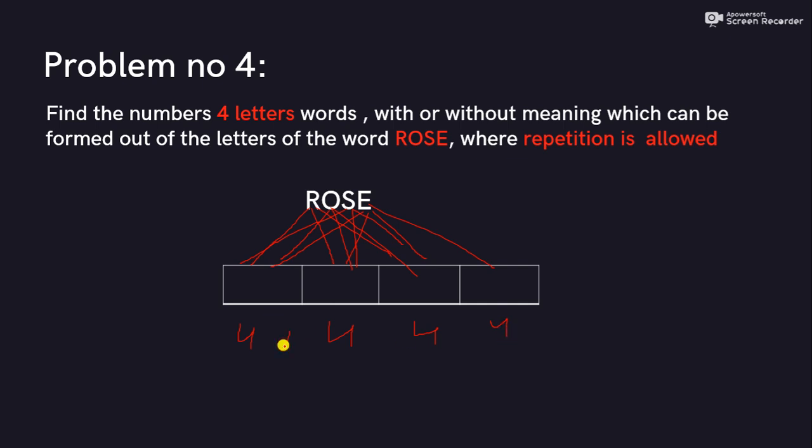So the total number of choices is 4 into 4 into 4 into 4. That is the total number of four letter words which can be formed using ROSE where repetition is allowed.